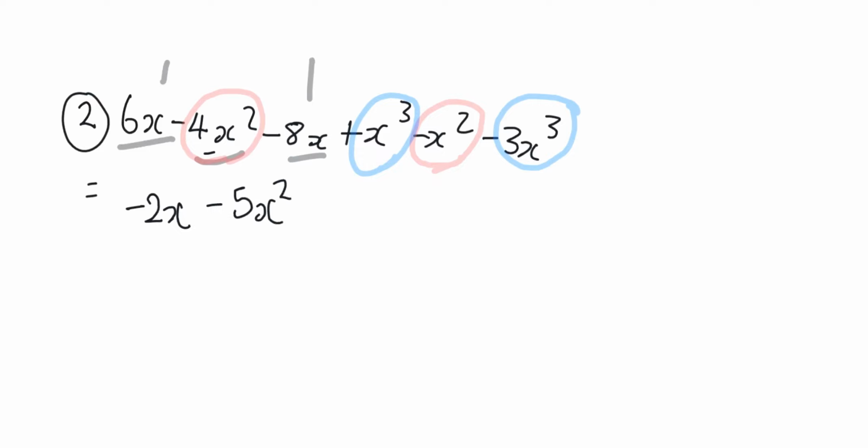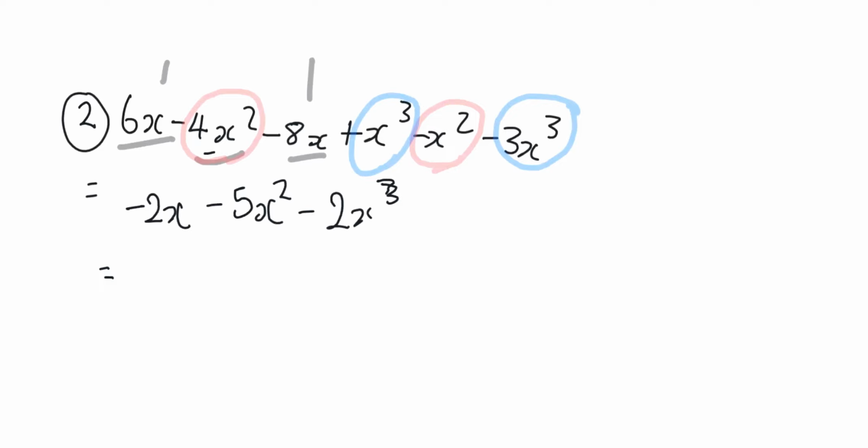What is it that we can also have now? From here, you're having x cubed subtract 3x cubed, and this is going to give you negative 2x cubed. And now that you have it like this, remember we talked of degree of branching, right? So you can now arrange them in order from the highest to the lowest.